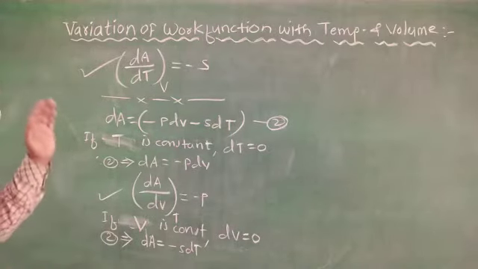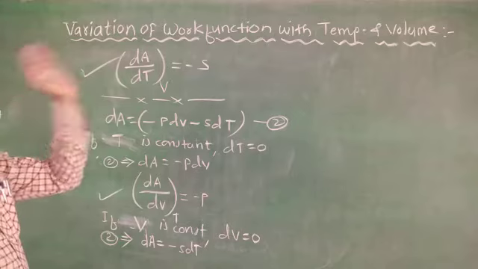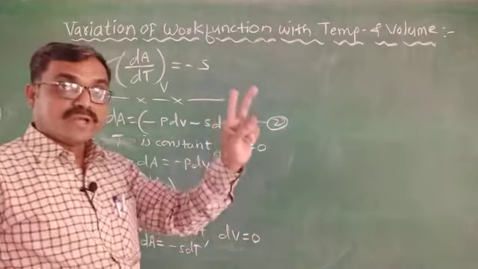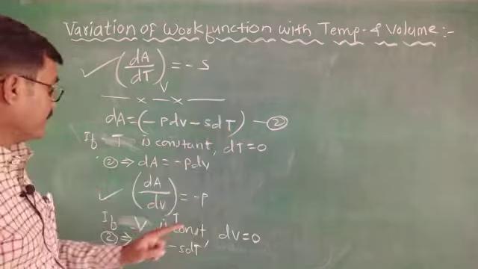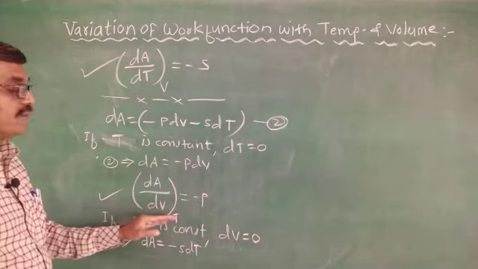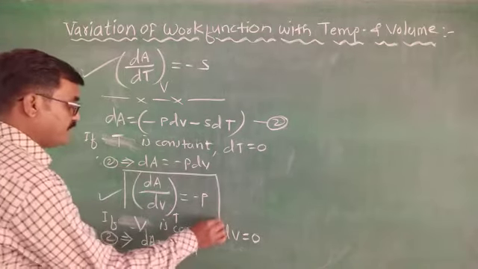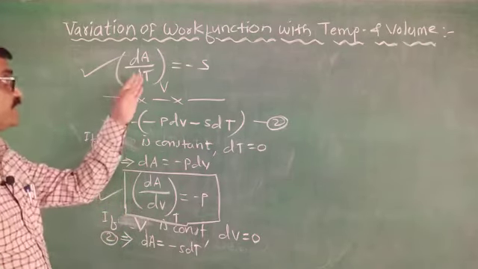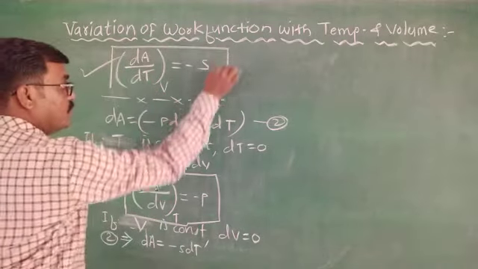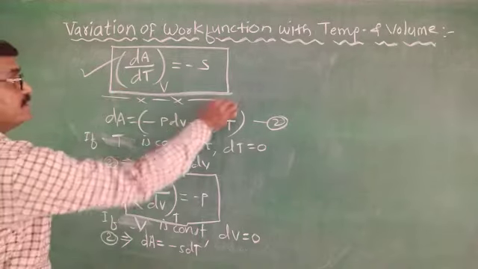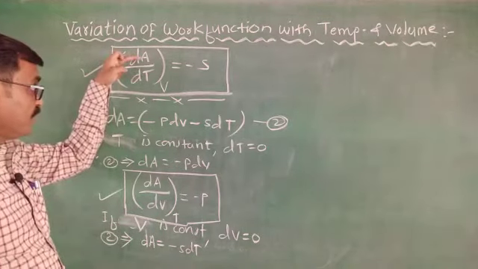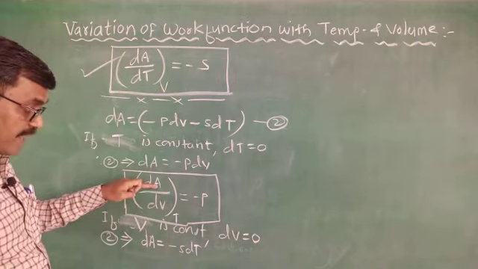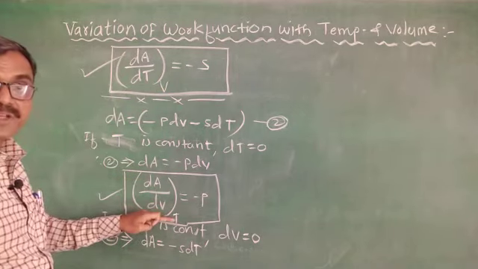Means here, in the variation of work function, that is Helmholtz function A, with temperature and volume, we have two results. First, dA upon dV at constant temperature is equal to minus P. Second, dA upon dT at constant V is equal to minus S. This is the variation of work function with temperature at constant volume, and the first is the variation of Helmholtz function with volume at constant temperature.